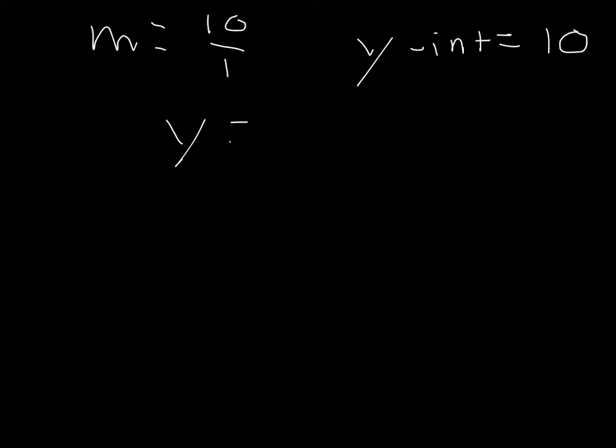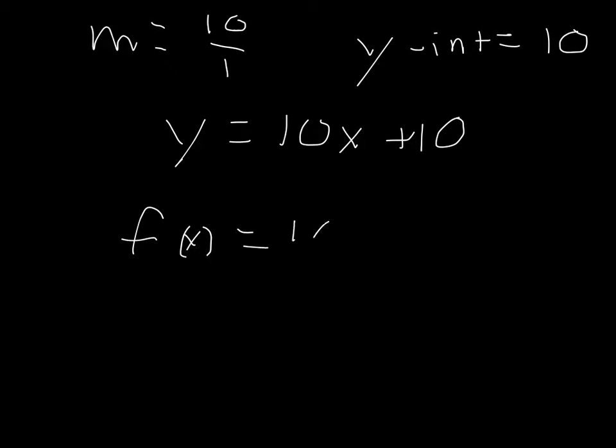So our equation would be y equals positive 10x, because it's going up and to the right, plus 10. So in function notation, we simply put f of x equals 10x plus 10. The correct answer is 1.